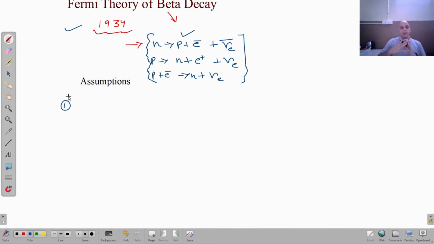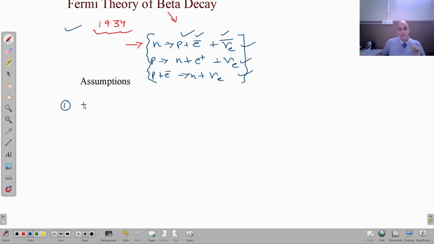The first assumption is that the light particles, meaning electron and neutrino, are created when there is a transformation of neutron into proton or proton into neutron inside the nucleus. You can see all these reactions that I have written here. So it is a spontaneous conversion of neutron into proton or proton into neutron, or vice versa, we can say.